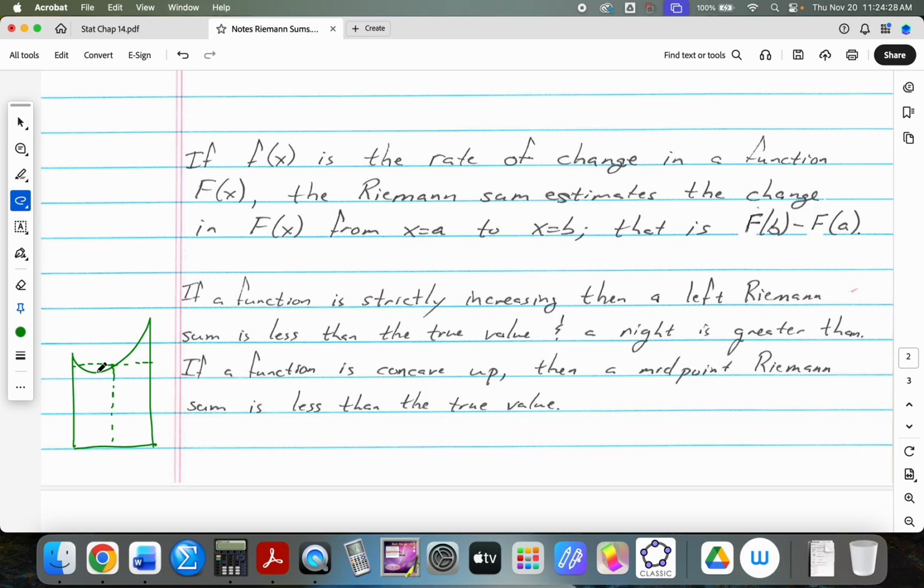And I have this little piece here that I'm catching that I shouldn't, and this even smaller piece here that I didn't catch. But these two pieces that I missed are bigger than the part that I overestimated, right? So if a function is concave up, the midpoint Riemann sum is less than the true value. And conversely then, if it's concave down, the midpoint Riemann sum is greater than the true value.